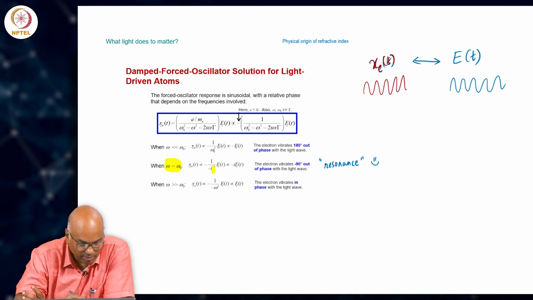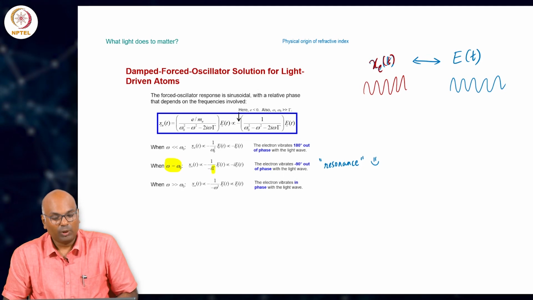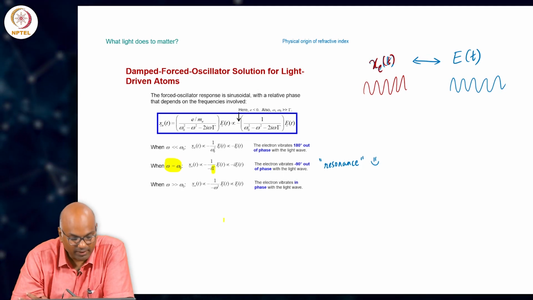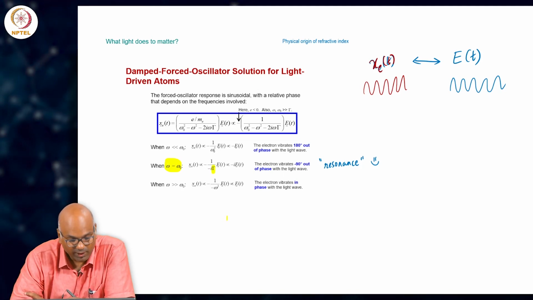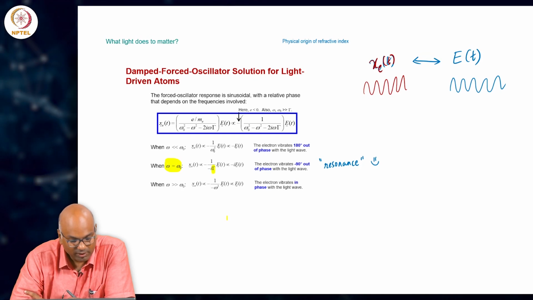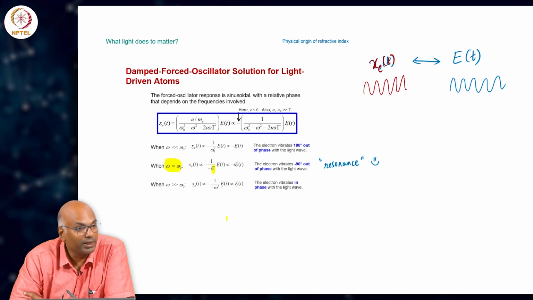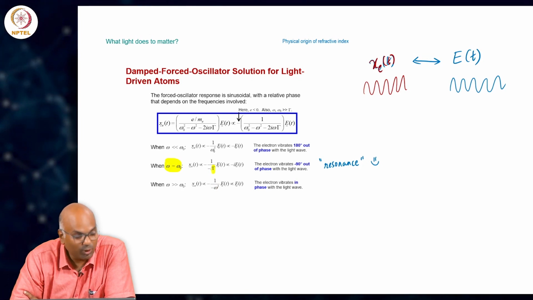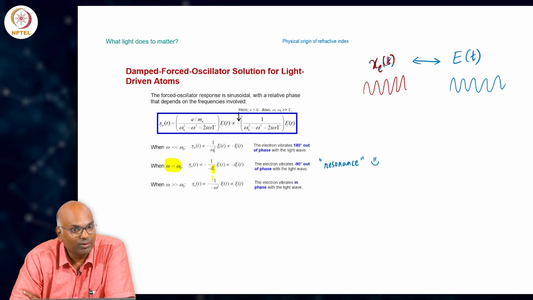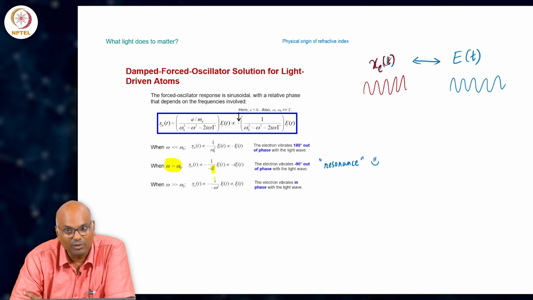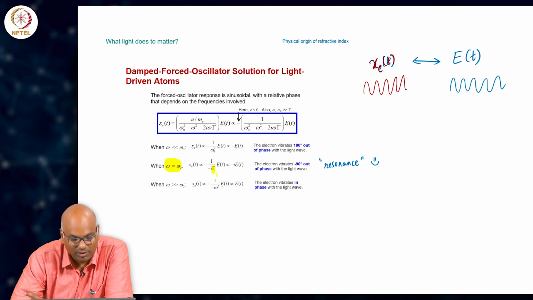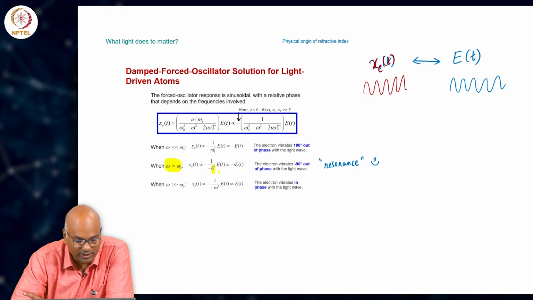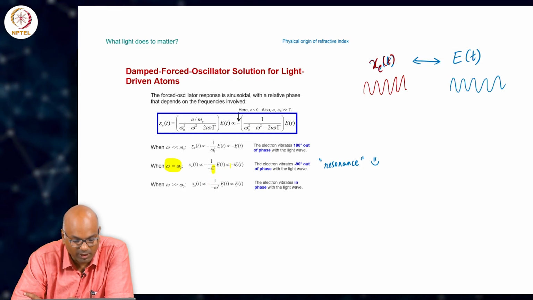Gamma has an important role, and in this case it is a factor of i, it is purely imaginary. So, we must note that as well, and this is going to play an important role. We will see what that means in some time.